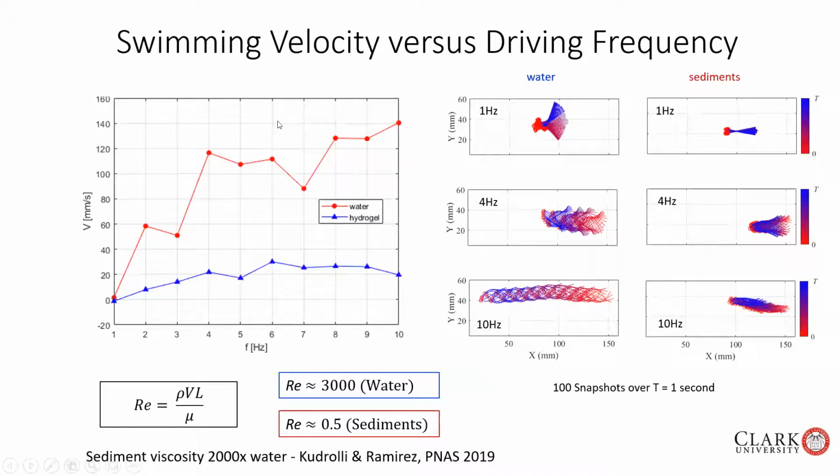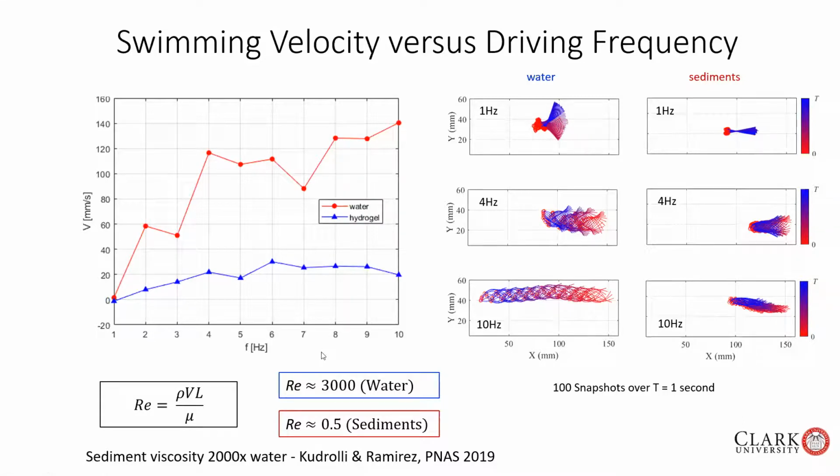For the swimming velocity versus driving frequency, you can see that in water, the robot system travels much faster than in the hydrogel case. It's evident in the tracking. If you look at the diagram on the right, over the same number of snapshots in 1 second, the robot in water covers more X displacement compared to the robot system in the hydrogel case.